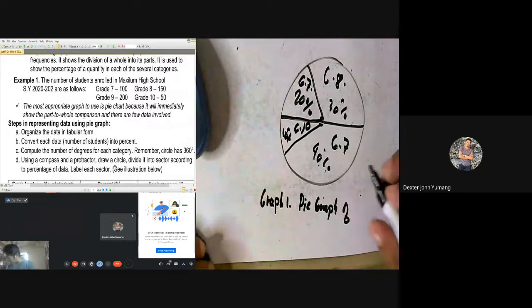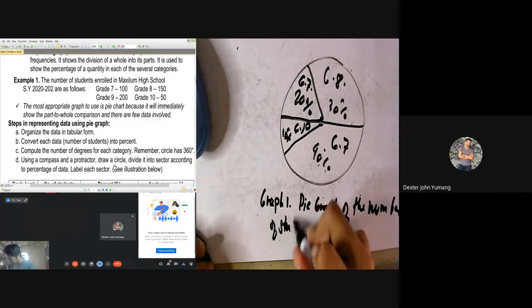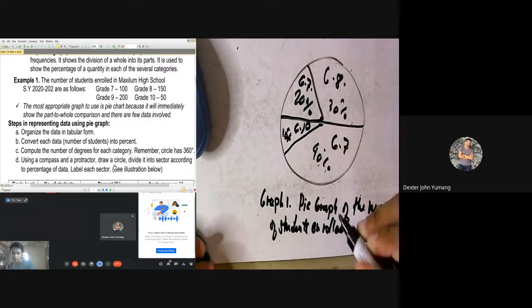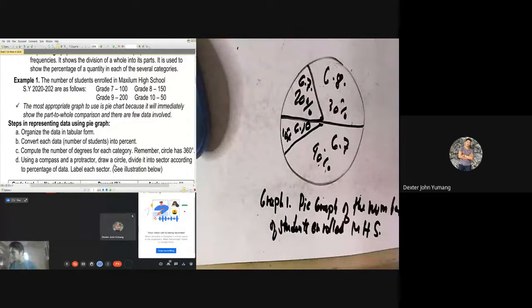The pie graph of the number of students enrolled in Maximum High School. Okay, that is how we make the title of our graph.